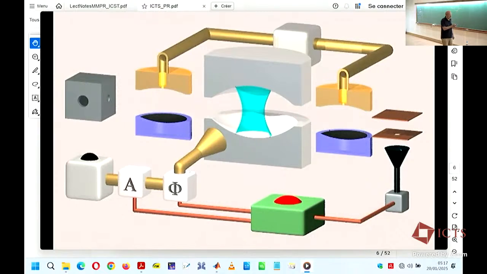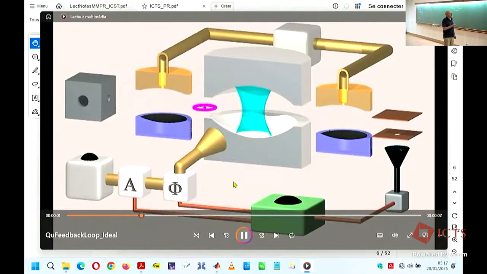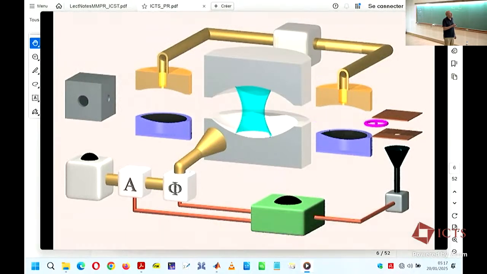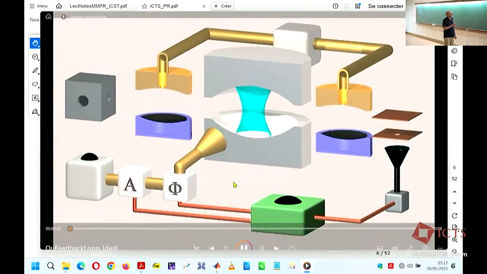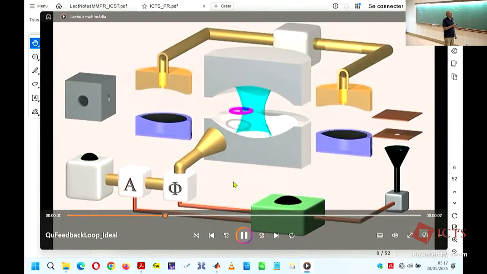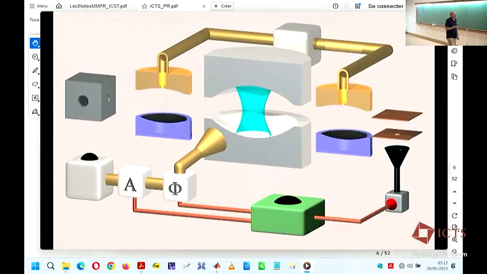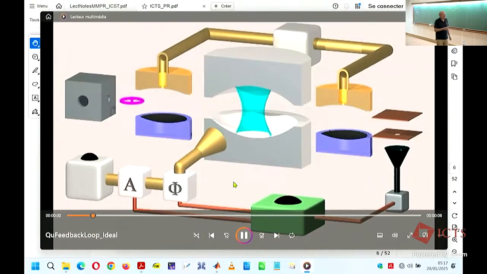Here you have an interaction between the atoms and the photons during the passage between the two mirrors. Here you have a post-manipulation of atoms, these local things, and here is the detector.